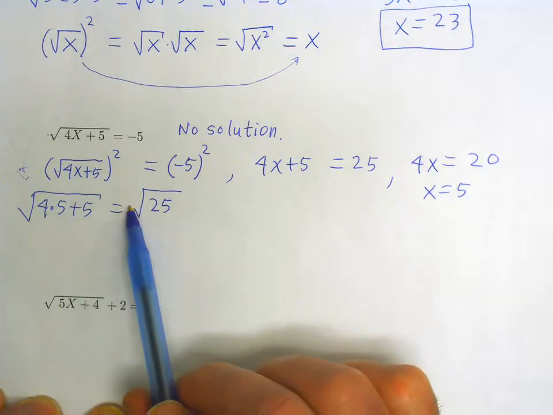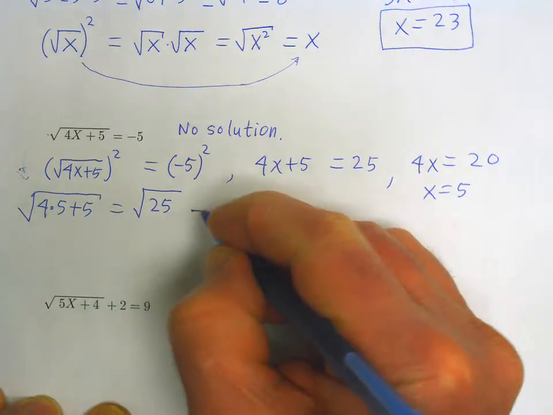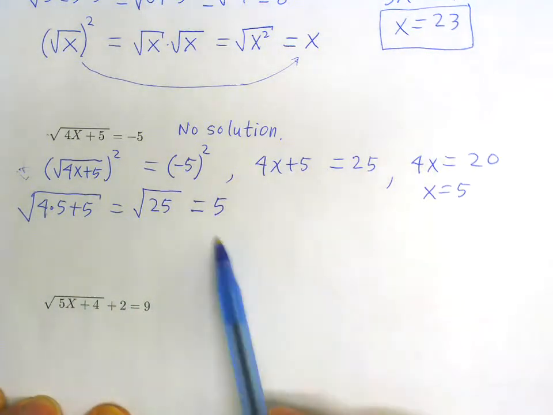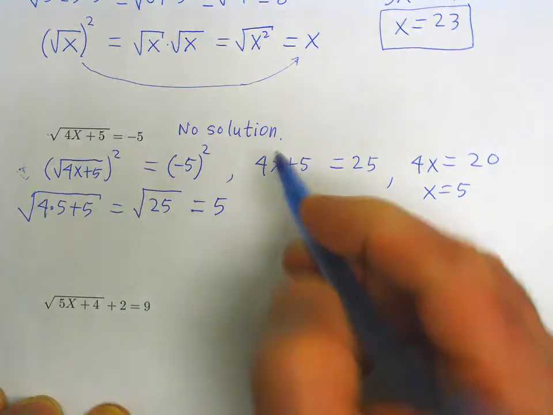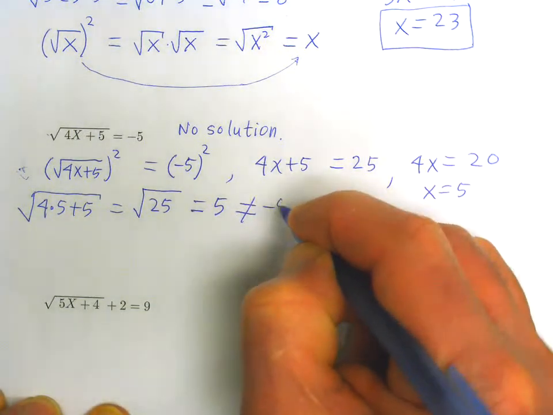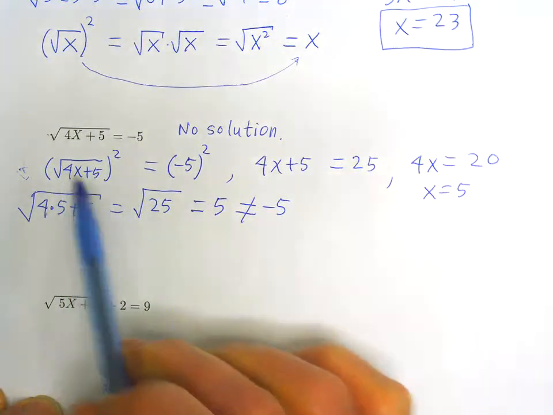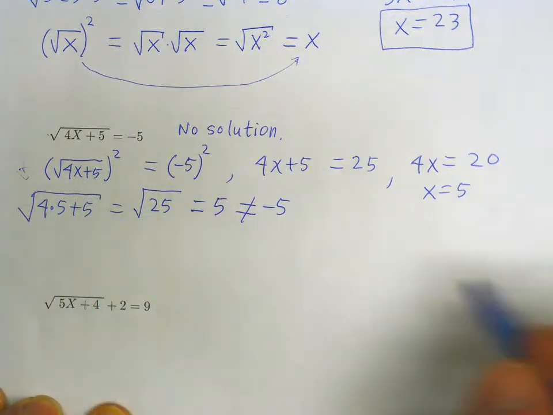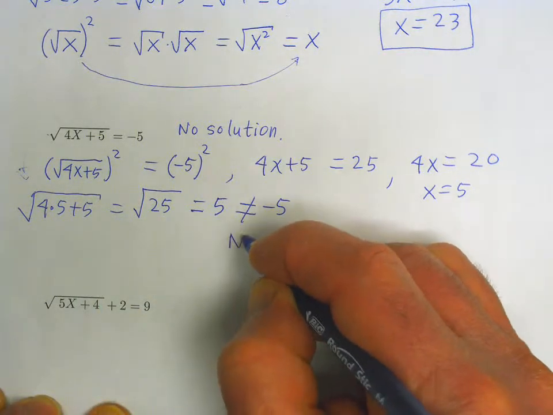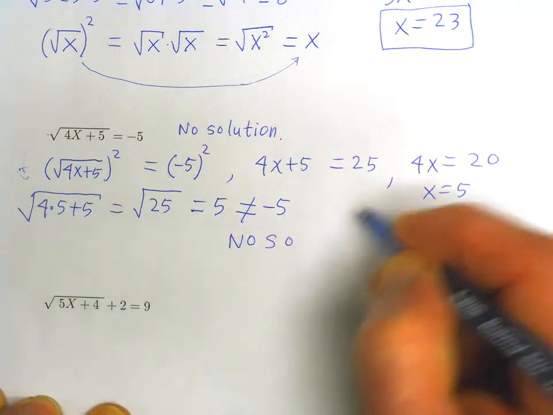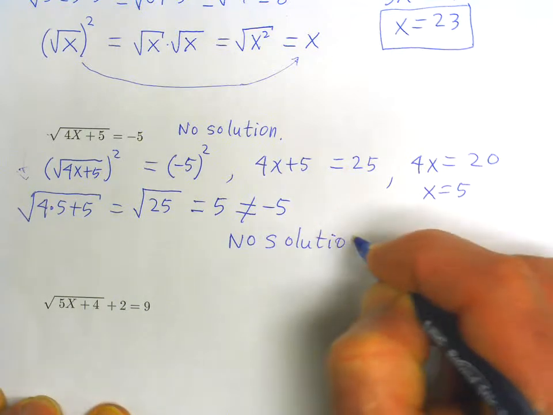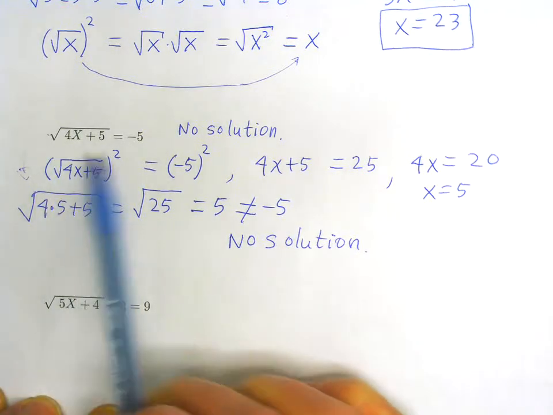And the positive square root of 25 is positive 5. But that does not equal -5. So either way, we have to conclude that this equation has no solution. But it saves time to recognize it right from the start.